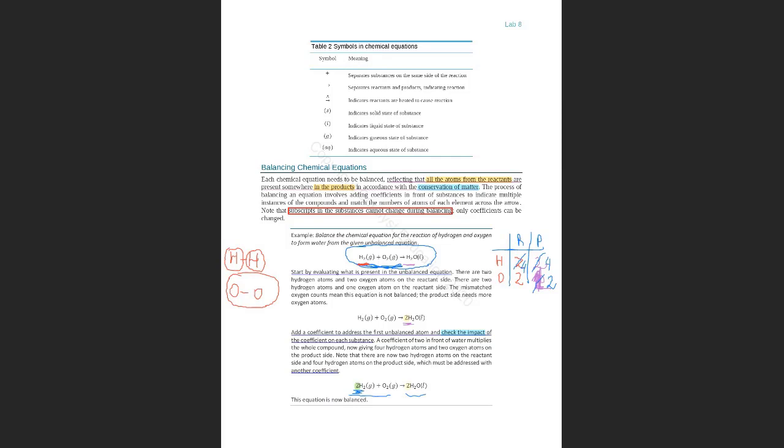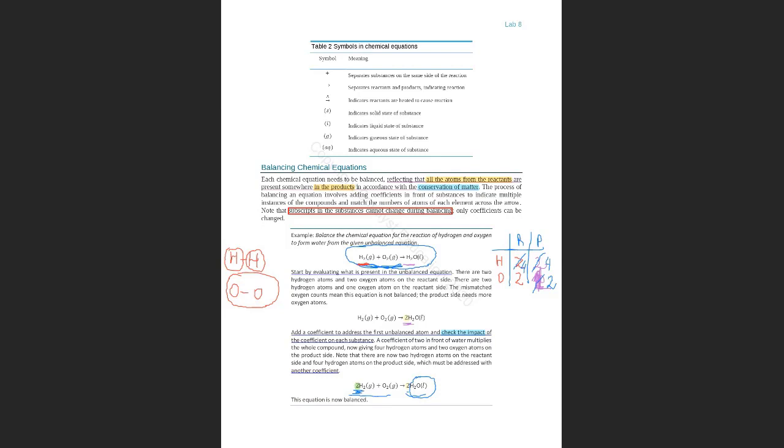hydrogens on the reactant side before the arrow, and I have 4 hydrogens on the product side. 2 times 2, 4. And now I will check the oxygen. How many oxygens do I have on the reactant side? 2. How many oxygens do I have on the product side? 2. This 2 is affecting the whole molecule. So if I have a subscript in the hydrogen, I have to multiply the big coefficient 2 by the little subscript 2, and then I have 4 hydrogens. But the oxygen doesn't have a subscript.